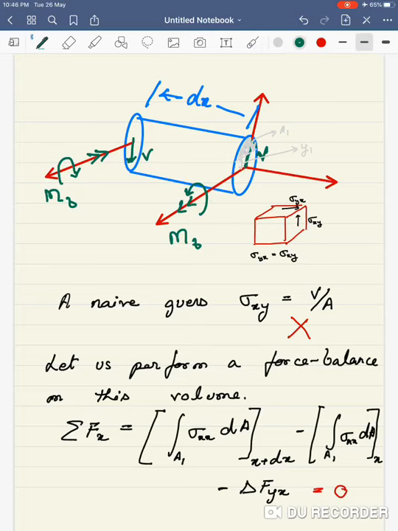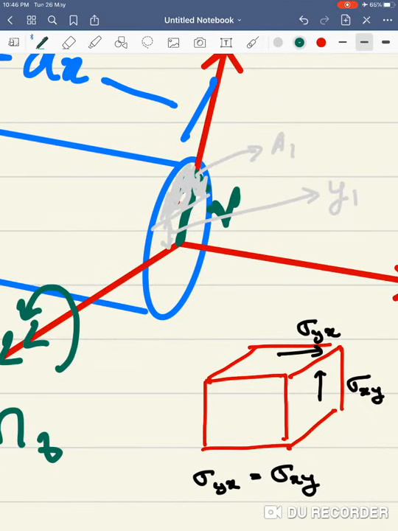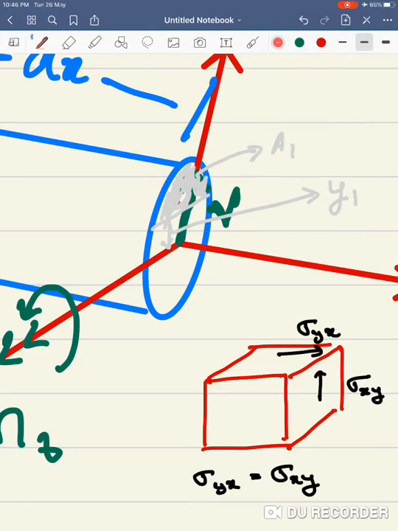Let's use a color, okay, let's say this distance right here is b.